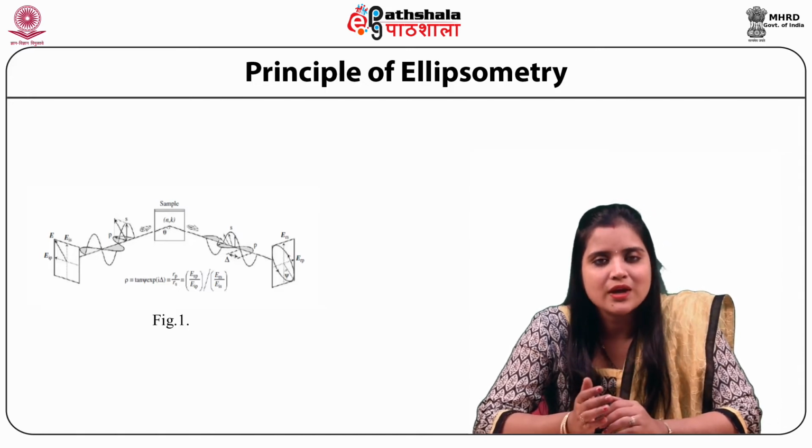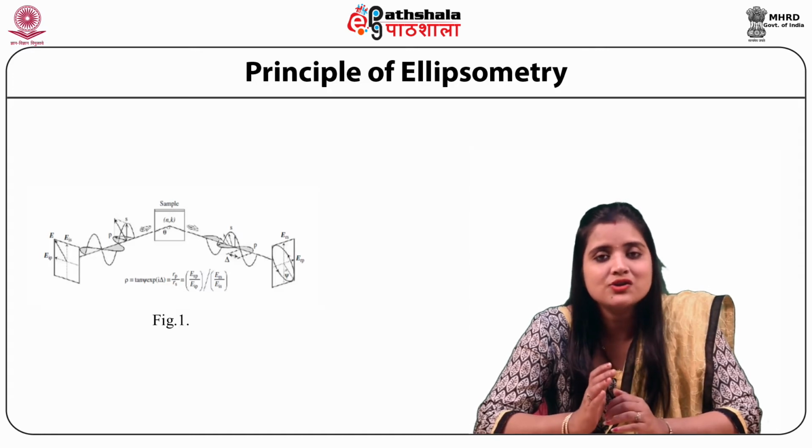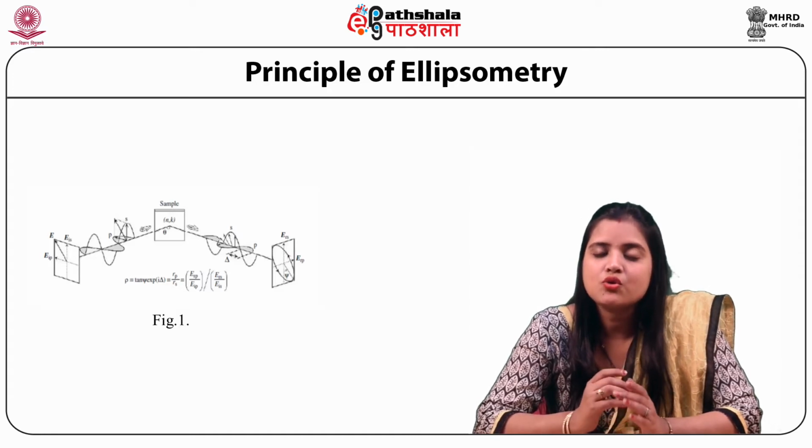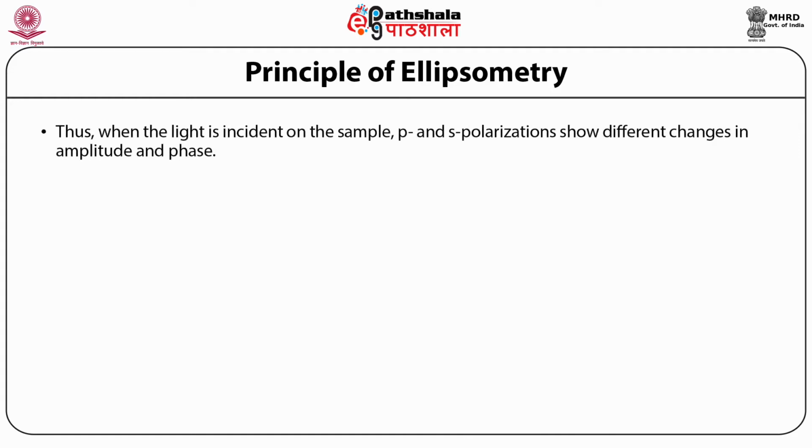The only way that there can be a change in the reflection coefficients for the two different components of the light is due to the contribution of electric dipoles, that is dielectric, present in the sample. Thus, when the light is incident on the sample, P and S polarizations show different changes in amplitude and phase.